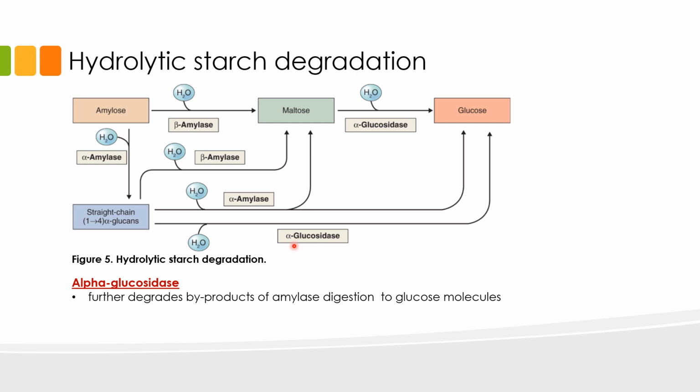The products of both alpha and beta amylase is maltose, which is still a 2-glucose molecule. To break the maltose down to single glucose units, alpha glucosidase comes in to do the job. Alpha glucosidase can also cut the shorter glucose chains produced by alpha amylase to directly produce single glucose molecules.